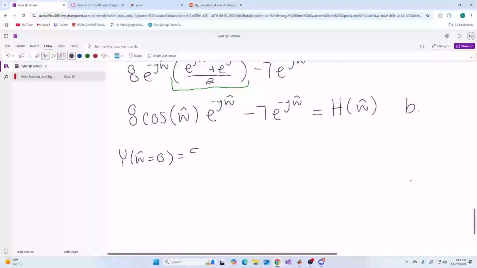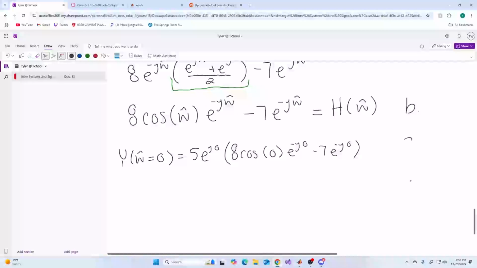Equals 5e to the j 0 times, now everywhere you see a w hat in this h sub w hat, you're going to replace it with 0. So I have 8 cosine of 0 e to the negative j 0 minus 7 e to the negative j 0. Well, the cosine of 0 is 1.